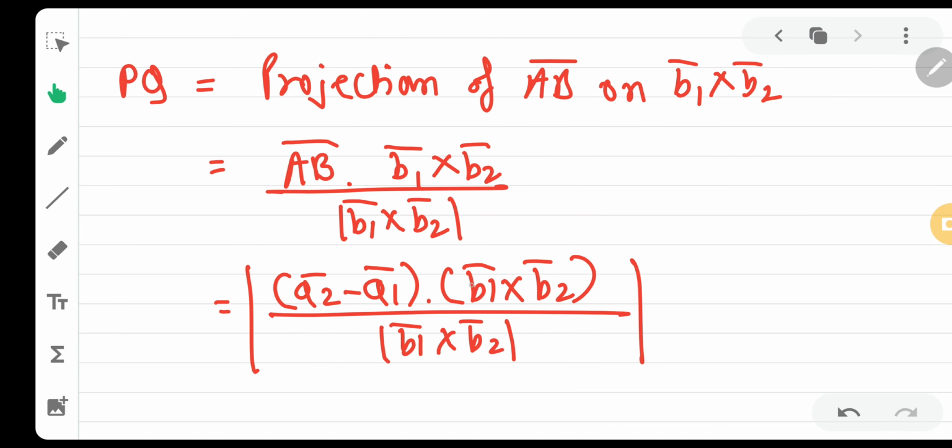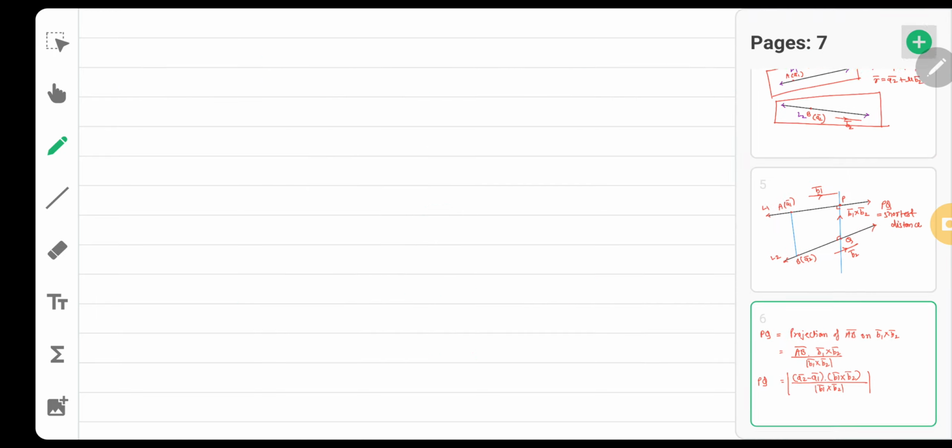And projection of 1 bar on 2 bar is 1 bar dot 2 bar upon magnitude of 2 bar. So we have found the vector formula for perpendicular distance between two lines, which is A2 bar minus A1 bar dot B1 bar cross B2 bar upon magnitude of B1 bar cross B2 bar. Right? Everybody understood?